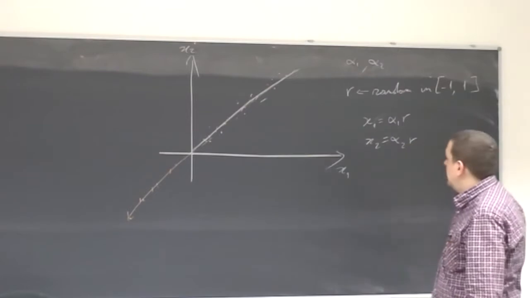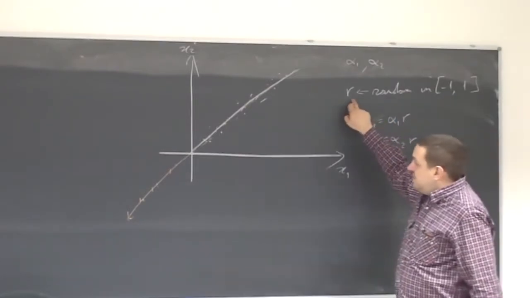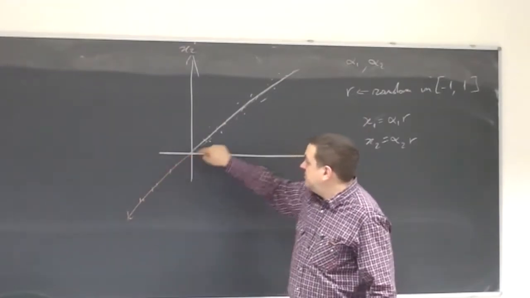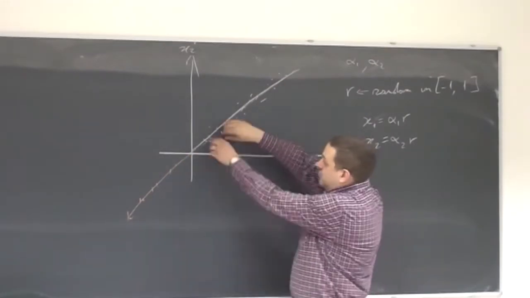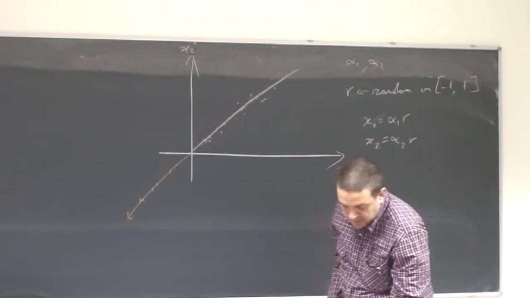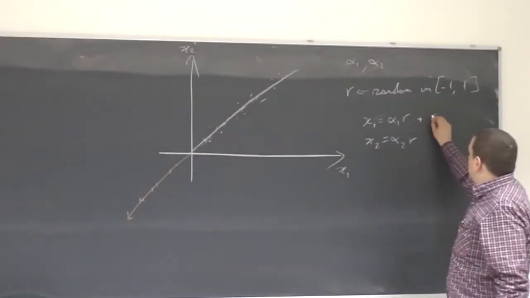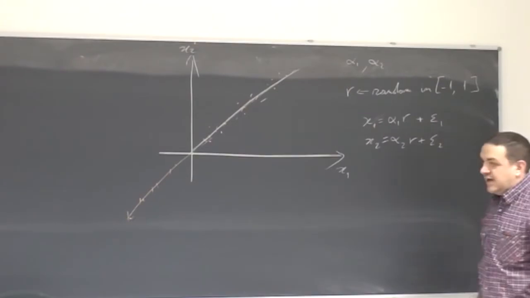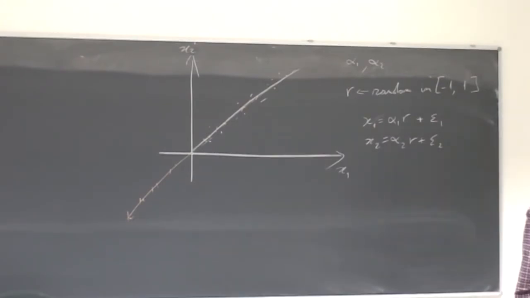Okay, so if you generate many values of this random value, you get points along this line. How do you generate the cloud? You add a small error to the point.